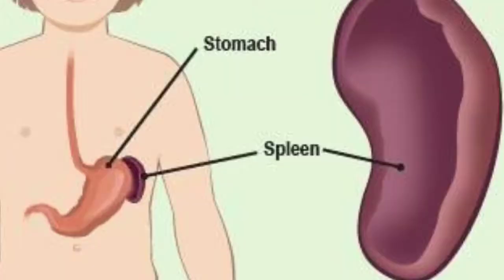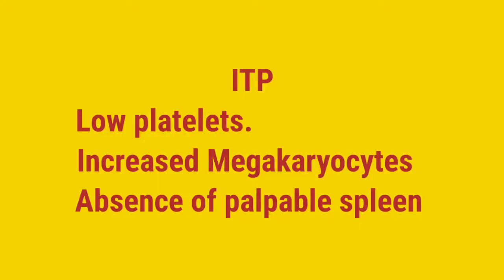And in the third and final step, macrophages in the spleen engulf these antibody-coated platelets, destroy them and remove them from the circulation. Now, the most important features of idiopathic thrombocytopenic purpura are low platelets, increased megakaryocytes, and absence of palpable splenomegaly.